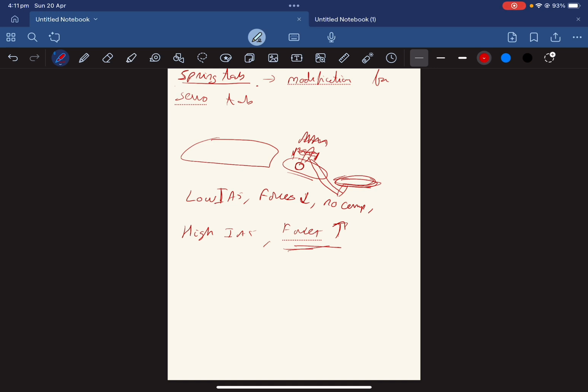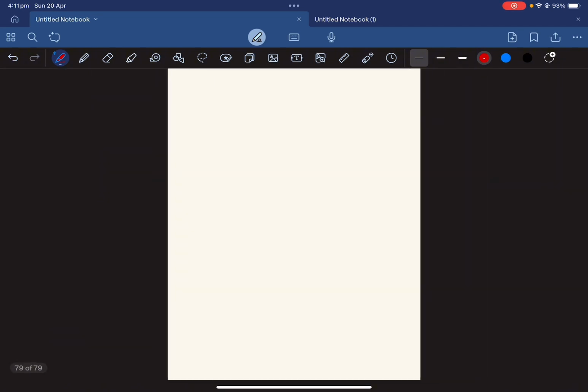Let's move on to the next topic, which is power assisted controls. Let's say you're flying a big airliner or a jet engine aircraft. The controls are going to be very hard to move, and the aerodynamic forces are going to be too much for you to move them by your force alone.